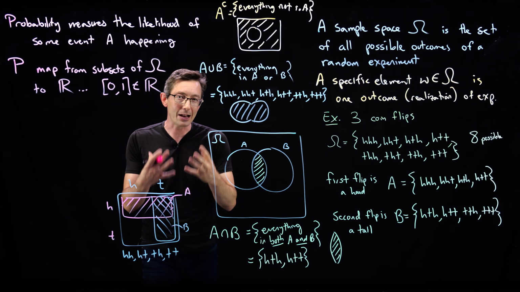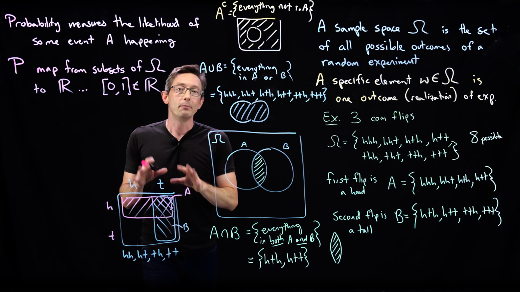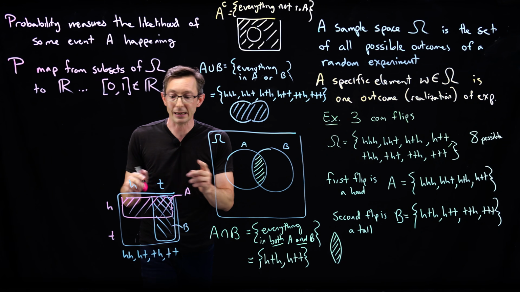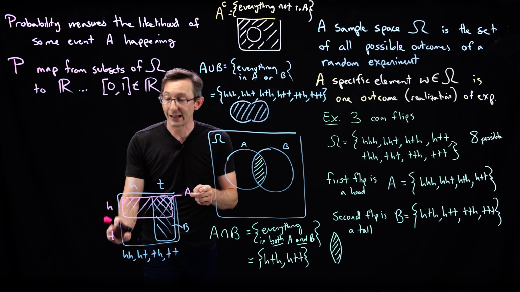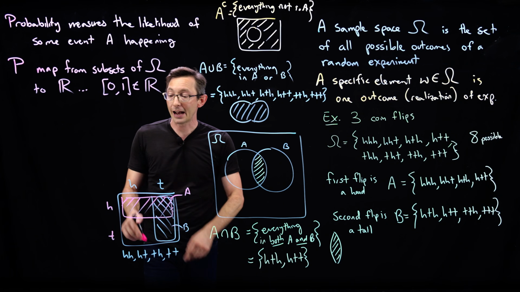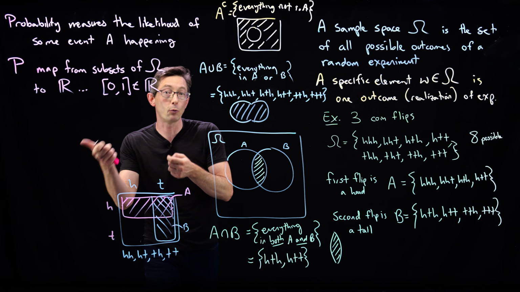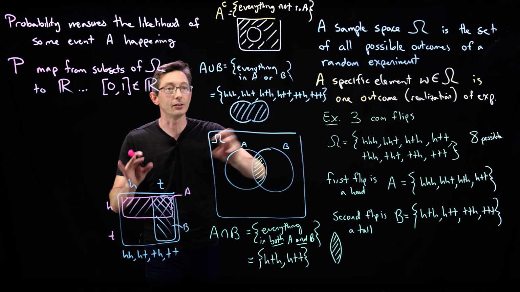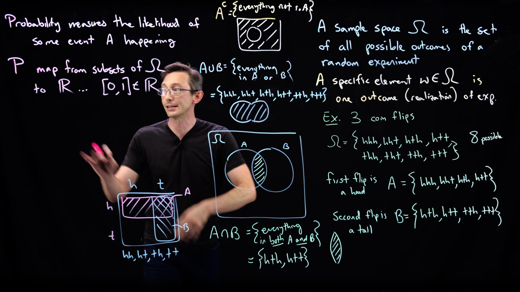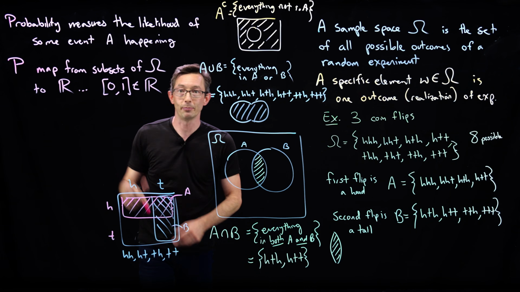And this sounds abstract, but it allows us a lot more flexibility. Now I can have the probability of heads and tails be different. I can have one fair coin and one unfair coin. And I can define the probabilities of each of those events with this probability measure P.